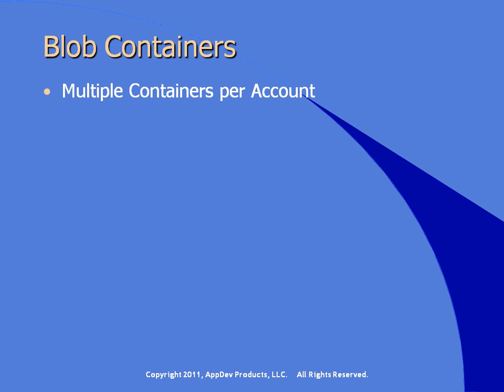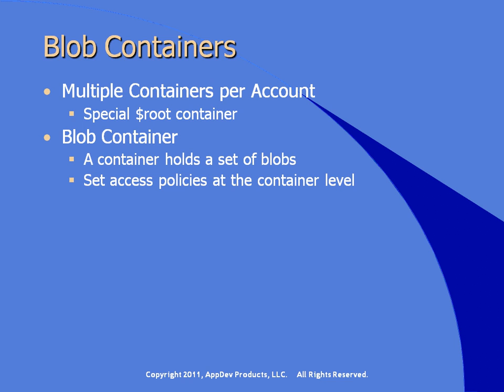Talking a little more about blob containers, again, you can have multiple containers per account, and each container has a special root container. A blob container holds a set of blobs, and you can set the access policies at the container level.